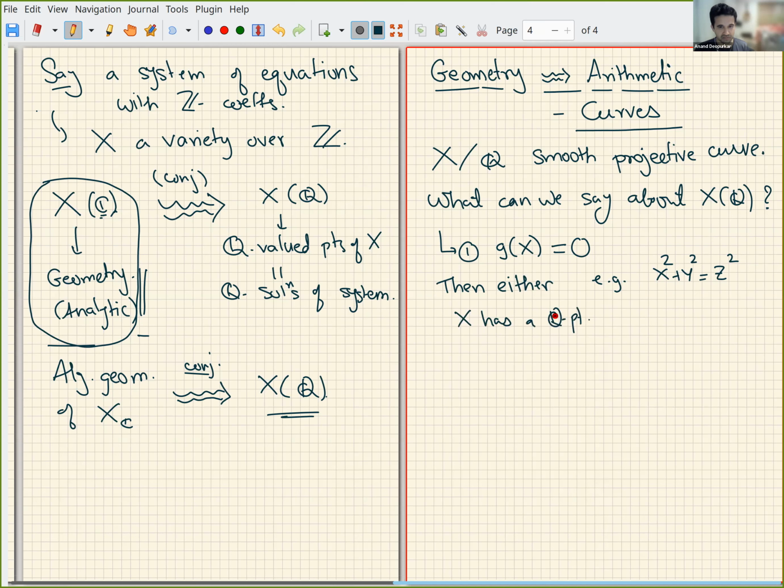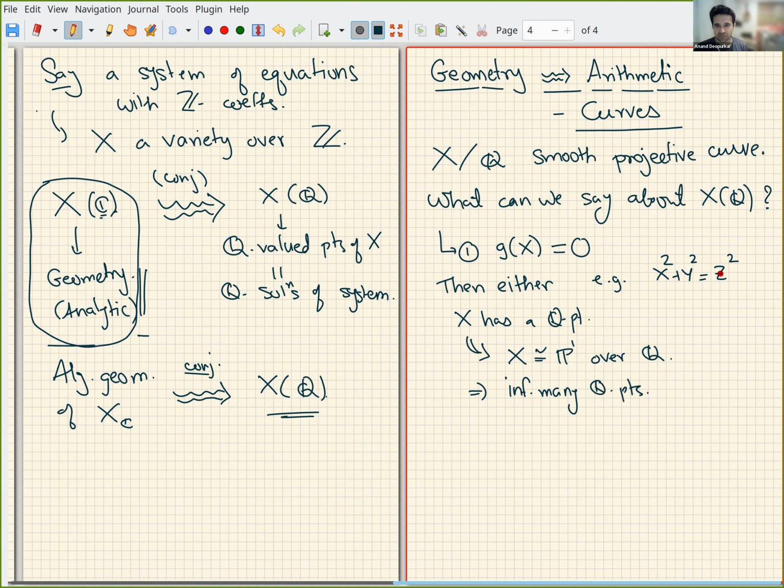And if it has a rational point, then X is actually isomorphic to P1 over Q. And as a result, it has infinitely many rational points, because P1 has infinitely many rational points.